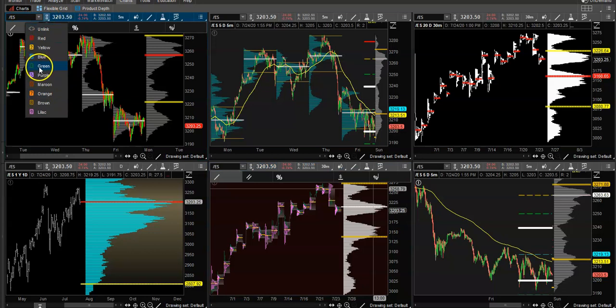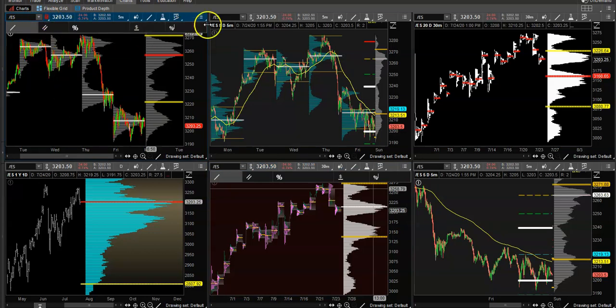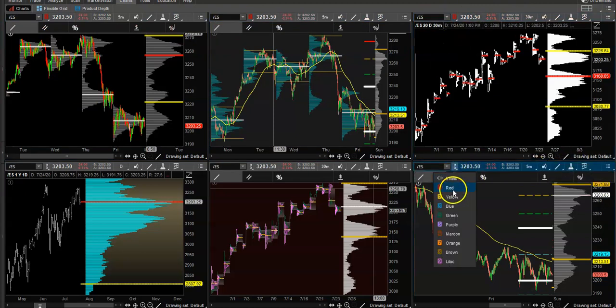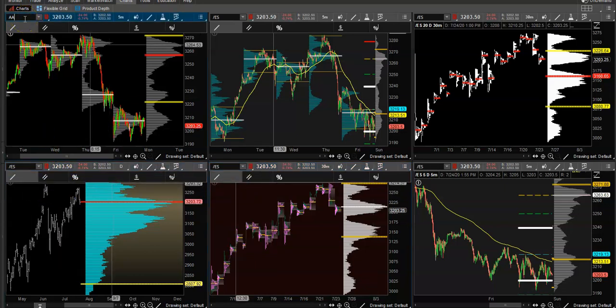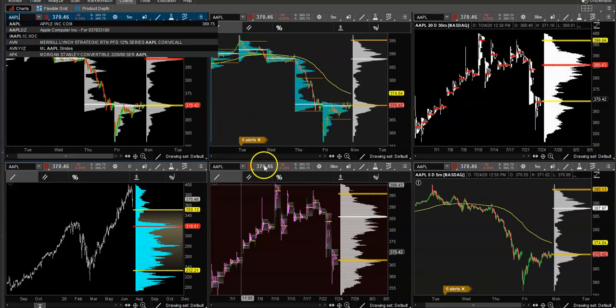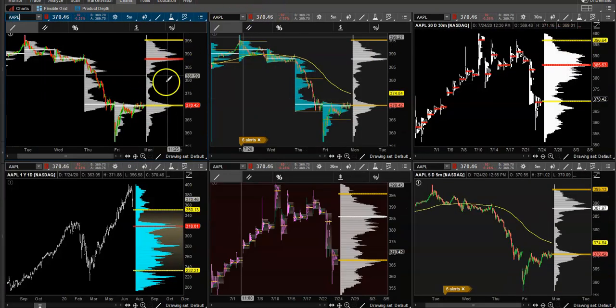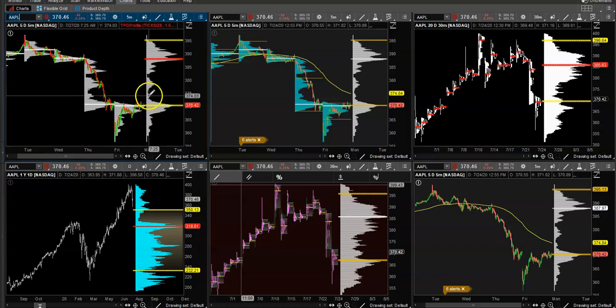But one of the things I like to do sometimes is link all these together, okay? By linking them all together with the same color, if you change one, it'll change all of them for you. So if I want to take a look at Apple, I could see a market profile for Apple and so on.